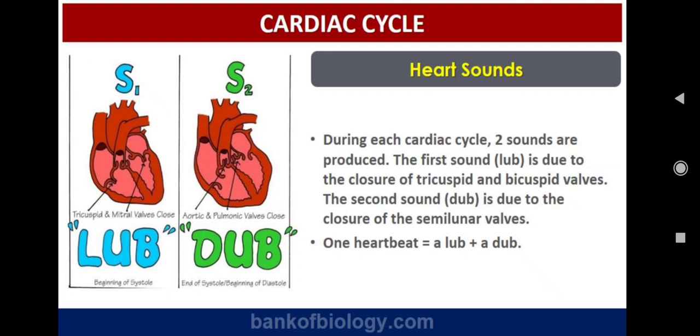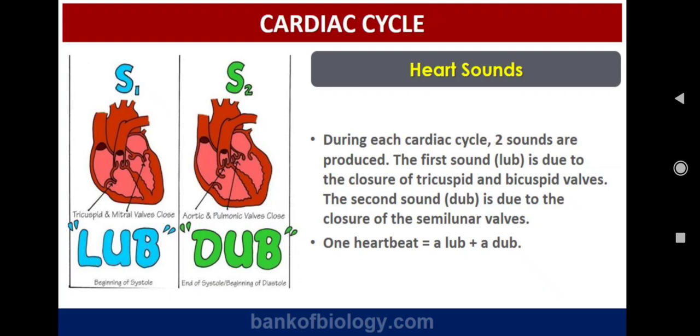So the aorta from the left ventricle, and the blood flows through the pulmonary artery from the right ventricle. Simultaneously this process takes place.